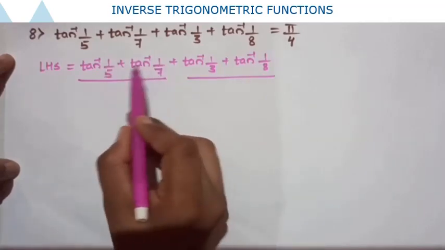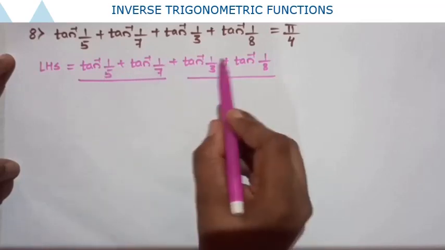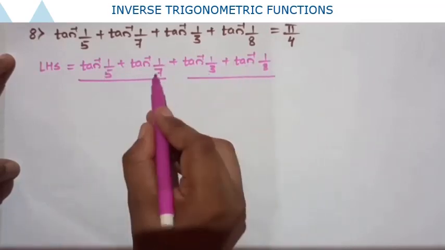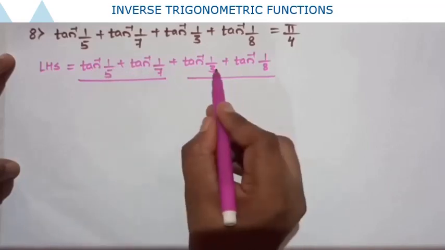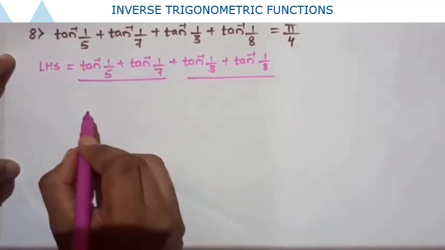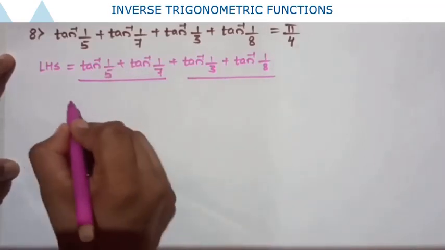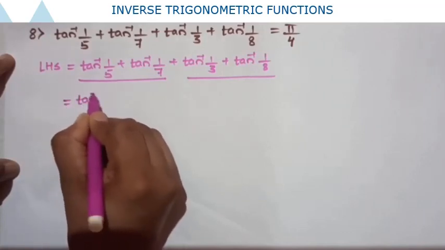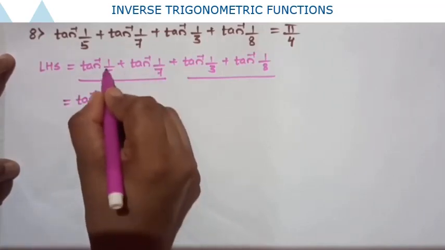Obviously x into y is less than 1: 1 by 35 is less than 1, 1 by 24 is less than 1. Therefore we can apply the tan inverse x plus tan inverse y formula, property number 6.